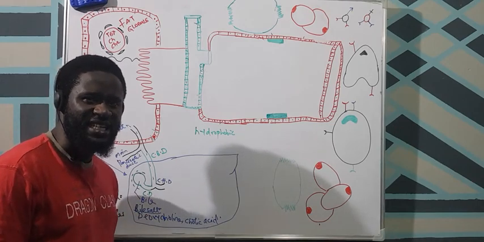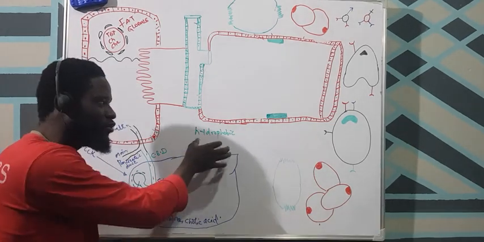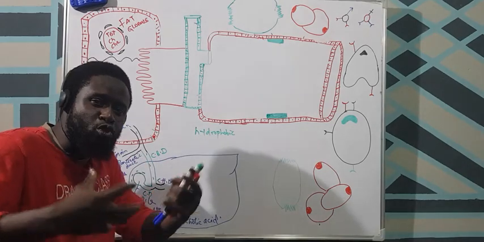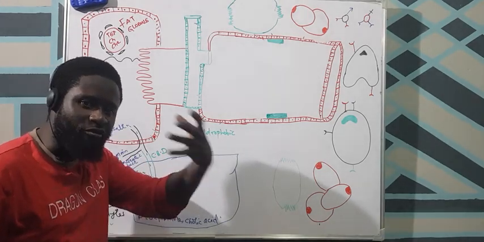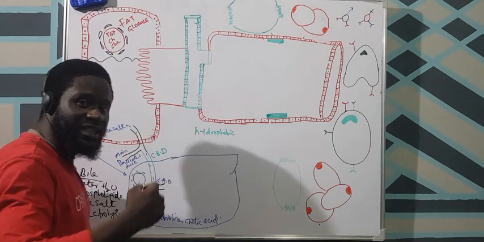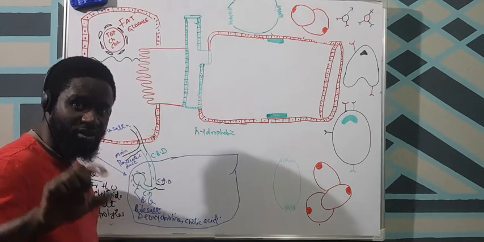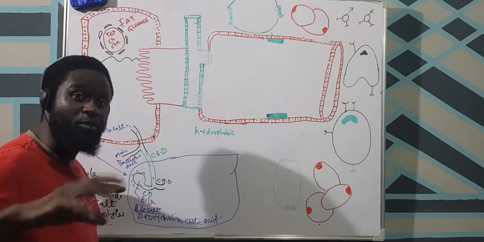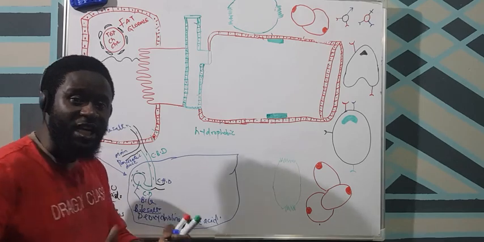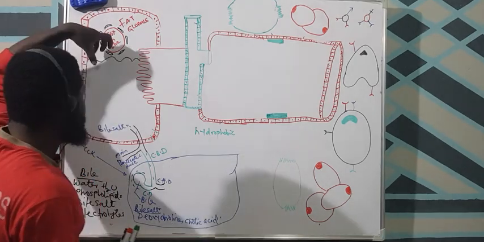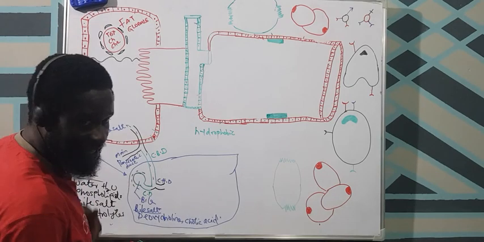Lipophilic in the sense that it is lipid loving. So the hydrophobic side of the bile salt is able to bind to lipids or fats, while the hydrophilic portion of the bile salt, or the lipophobic portion, is able to bind to water. So once it binds, it's able to sink inside.